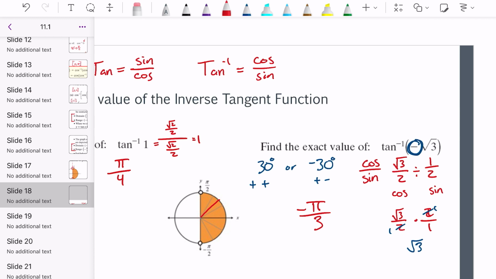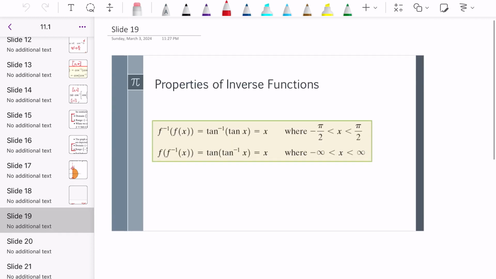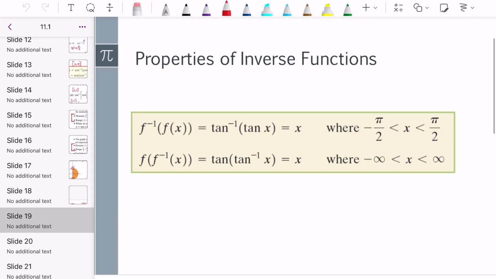Let's go ahead and take a look at our slide 19. Once again, we go over the same exact instructions that we did with sine and cosine. We take a look at the outside trig function.